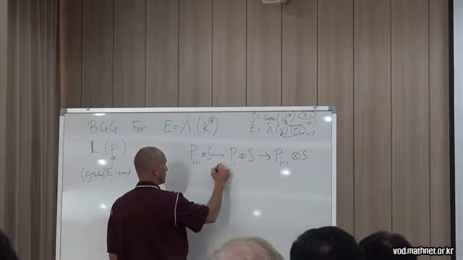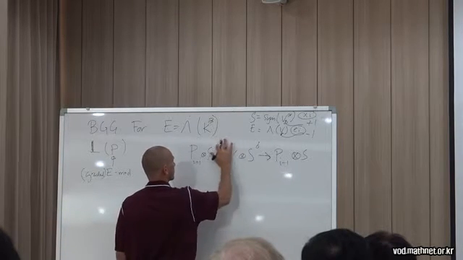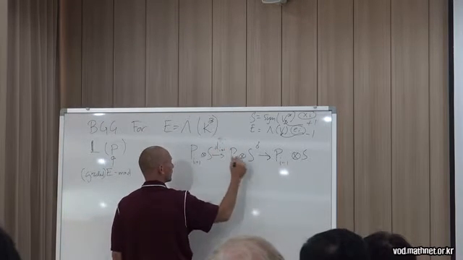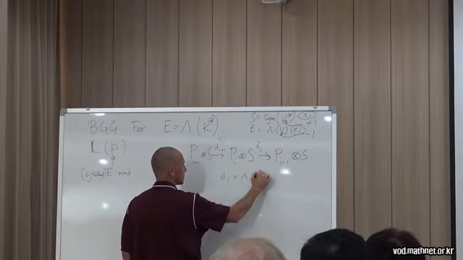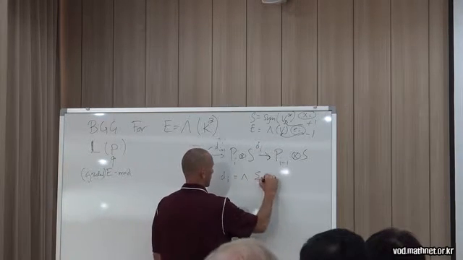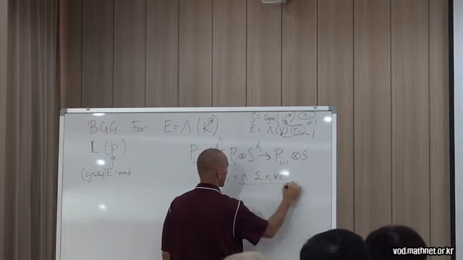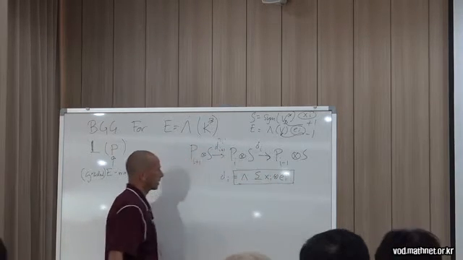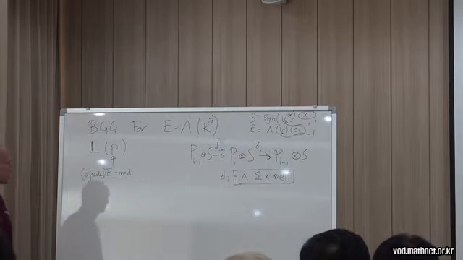The differential D sub i is just wedge with the summation of x_i tensor e_i. So I take this element, which is the variables of the symmetric algebra times the variables of the exterior algebra, and I wedge it.